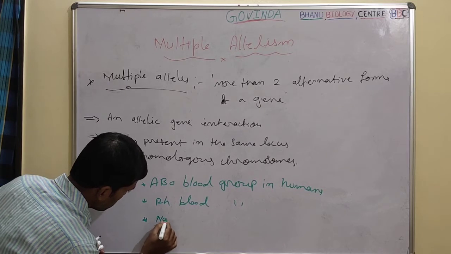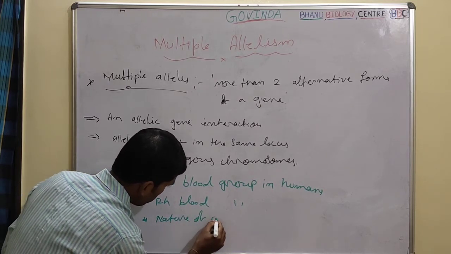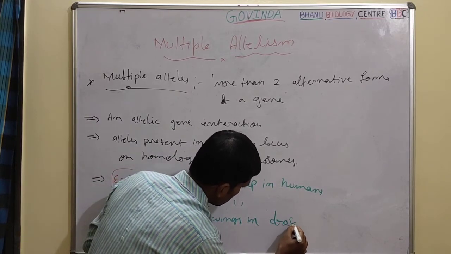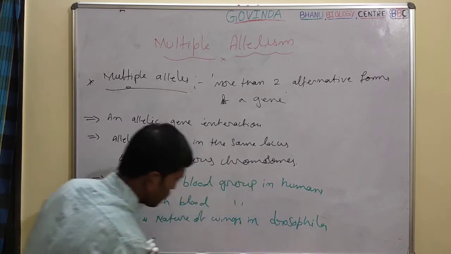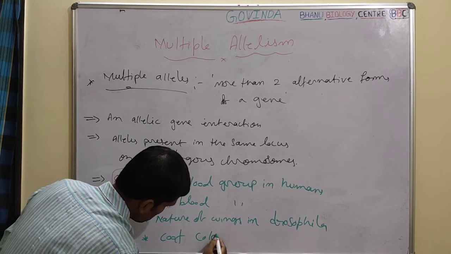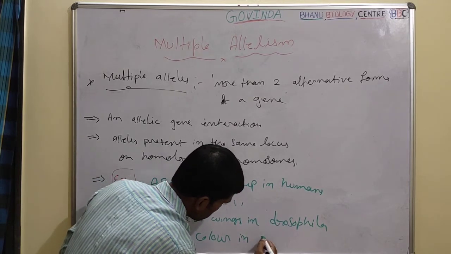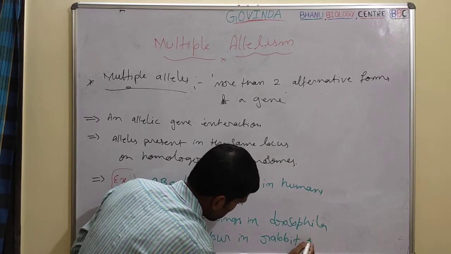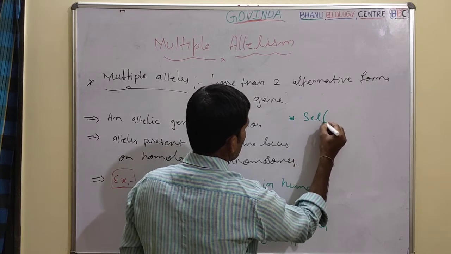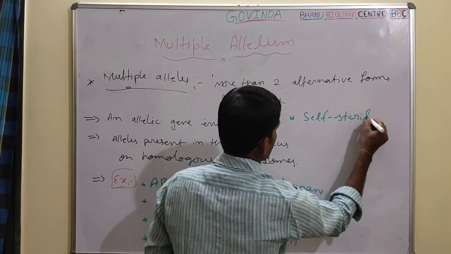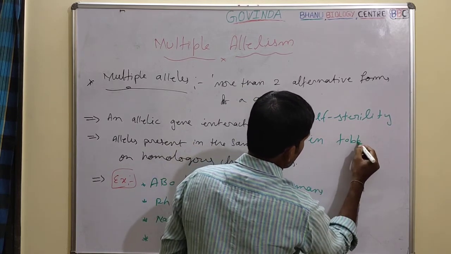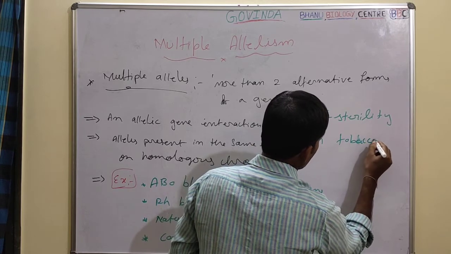Another one is nature of wings in Drosophila melanogaster. Another one is coat color in rabbit. Another example is self sterility in tobacco plant.